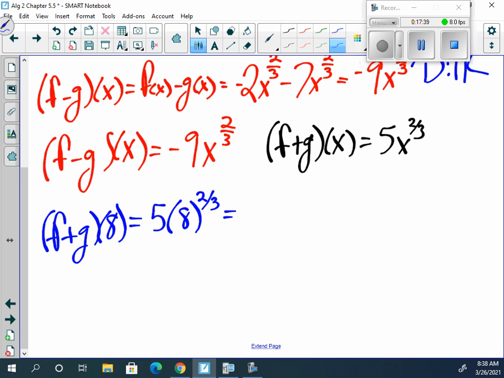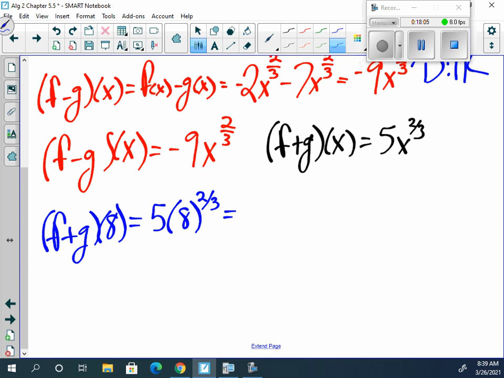Now again, at this point you can plug this straight into the calculator: 5, parentheses 8, close parentheses, to the 2/3. Right, because we could do it with the original one, because that's perfectly fine.